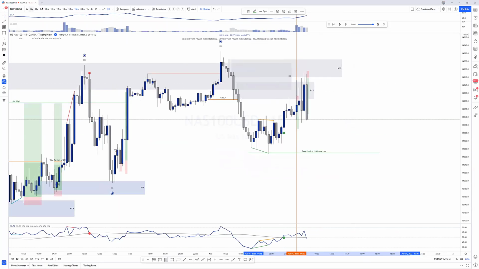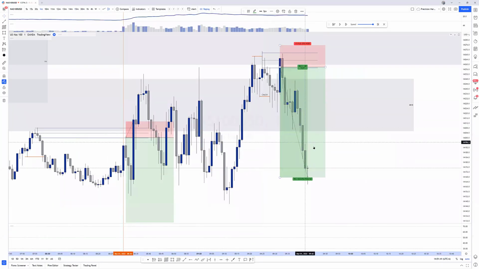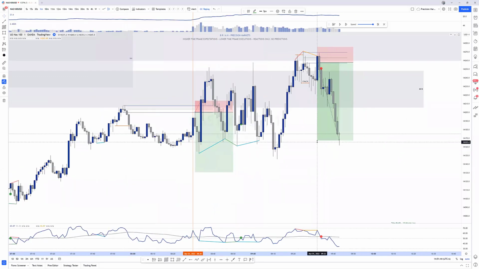So let me go back to the 1 minute. At this point, first trade, if we took this loss, I want to go ahead and take 80% off and then leave the rest for a runner to go to at least a 15-minute low.